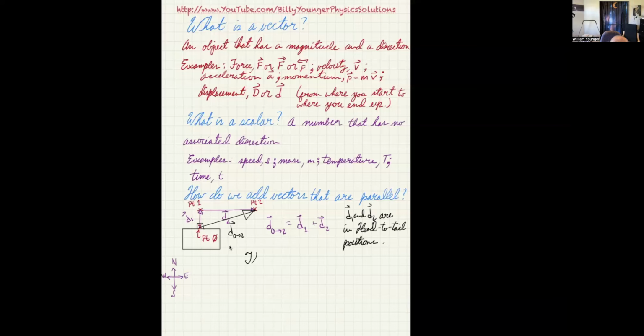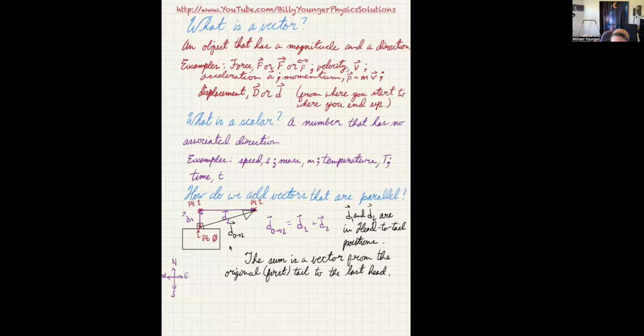The sum is a vector from the original, our first tail, to the last head.